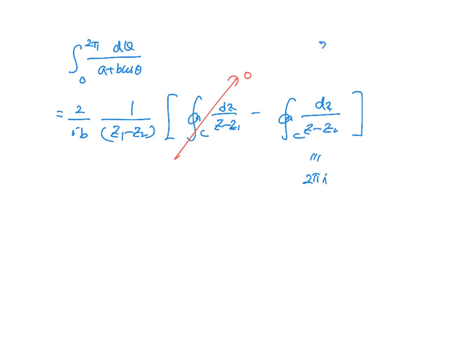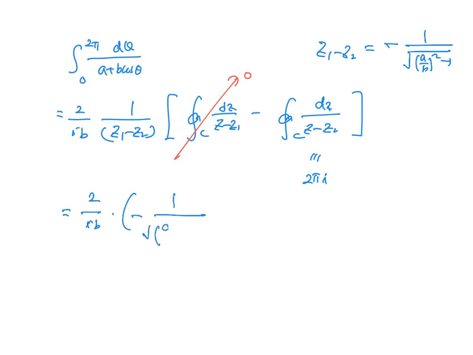And z1 minus z2 was minus 2 times the square root of (a over b) squared minus 1. So 2 over ib times 1 over minus the root of (a over b) squared minus 1, times 2 pi i.